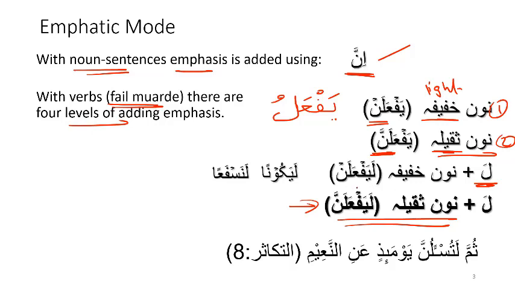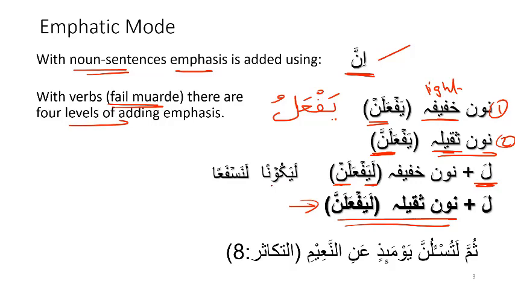So notice with yaf'alu, if we add a lam fatha before and then a noon at the end, this adds even more emphasis. So if our verb is yaf'alu, then adding lam fatha and noon makes it la yaf'alan.